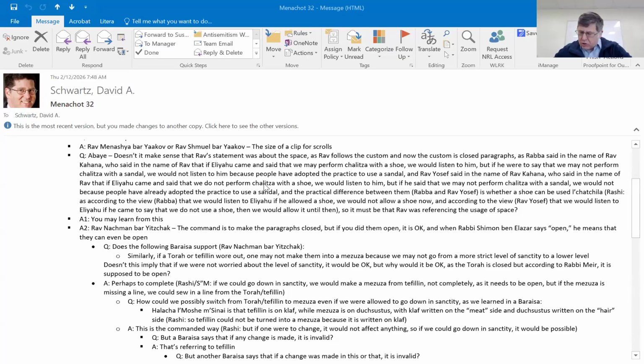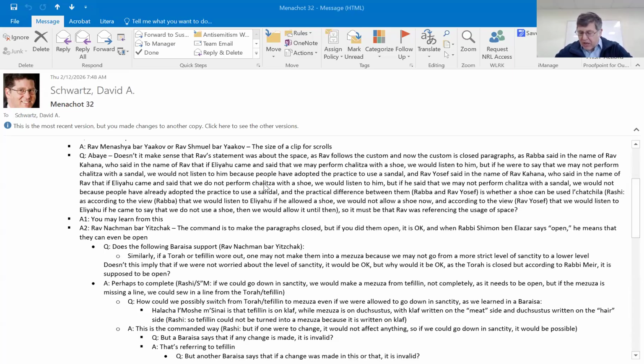So similarly, kayotzibo, sefer Torah shibala, utfillin shibala, when you have a Torah scroll or tefillin that wear out, ain osin mehen mezuzah. You can't turn them into a mezuzah, meaning you cannot take the cloth that's in the tefillin and say, we'll take those two relevant paragraphs and turn it into a mezuzah. And the reason is lefisha ein moridim b'kedusha chamura l'kedusha kala. We don't go from a higher sanctity to a lower sanctity, and a mezuzah is a lower sanctity than either a Torah or tefillin.